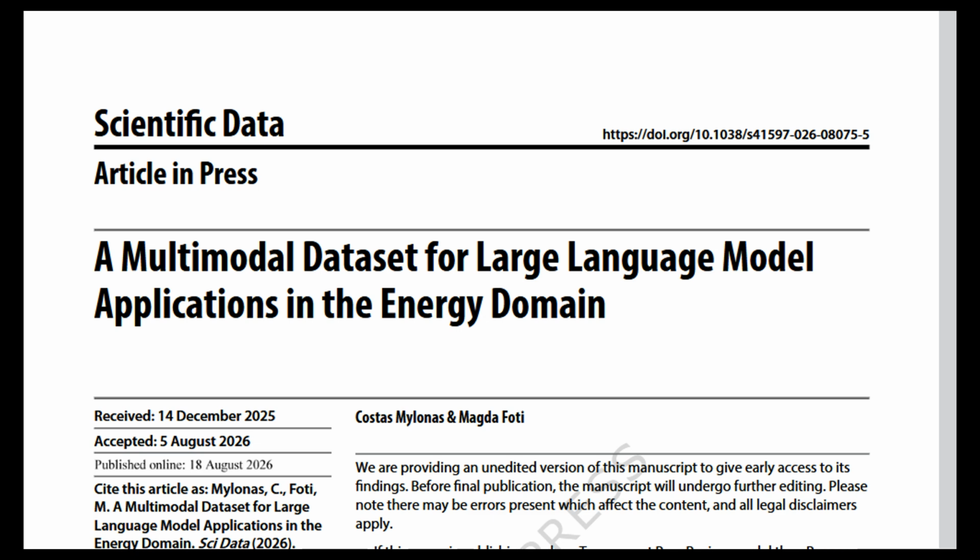Textual data used Python libraries for web scraping and PDF extraction. Imagery data used APIs from Copernicus, EPREL, and Wikimedia. Numerical data used APIs from ENTSO-E, Eurostat, and OpenMeteo. Geospatial data used Overpass API and direct downloads.